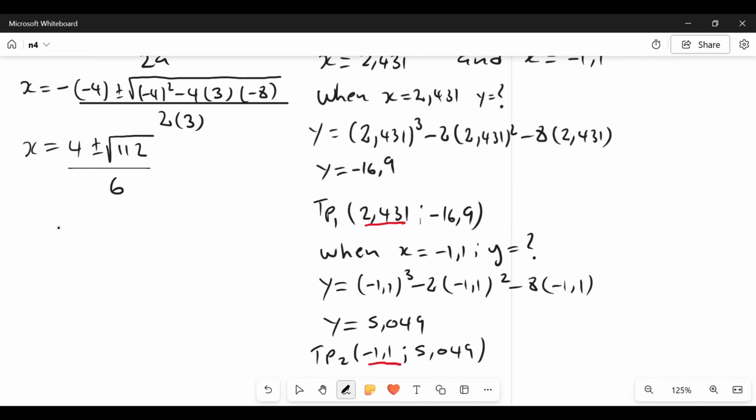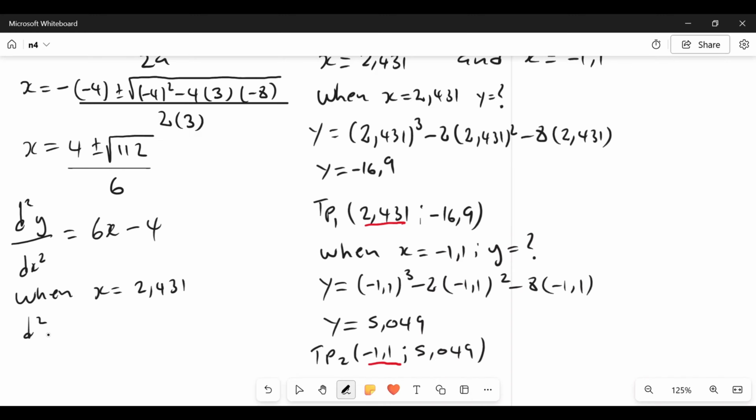So let's do it. The second derivative is d squared y over dx squared. Remember, the first derivative we had 3x squared, so this is going to be 6x minus 4. There we go. So what you're going to do here, we're going to substitute our turning point. Again, when x is equaling to 2,431, let's substitute them.